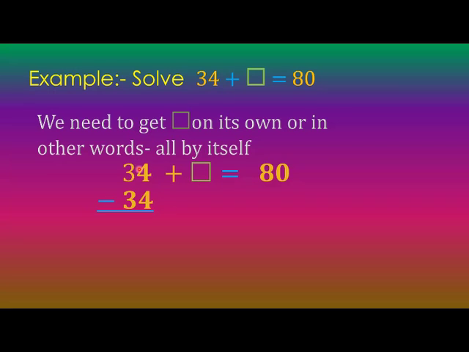We need to get rid of the 34. We want this on its own, on the left-hand side of the equation, so we need to get rid of the 34. This is plus 34. And remember, it always has an invisible plus in front of it. It's positive 34, so take 34. If we take 34 from the left-hand side, we must take 34 from the right-hand side.